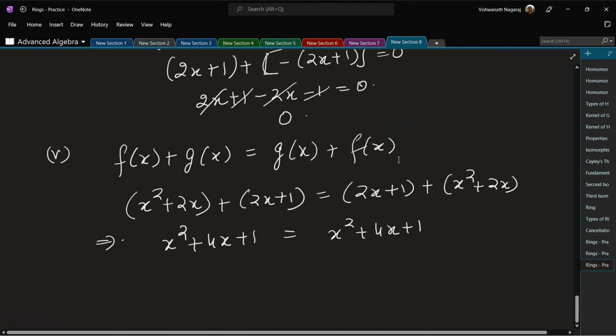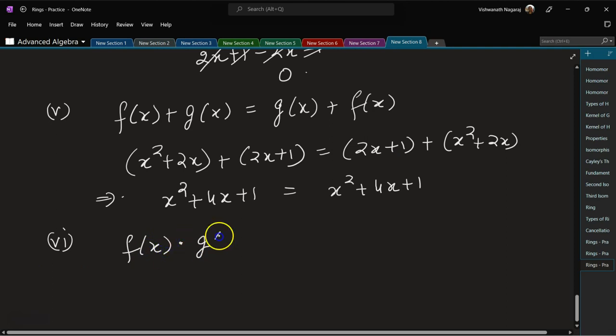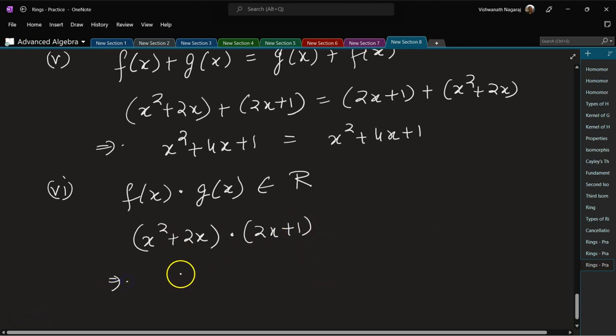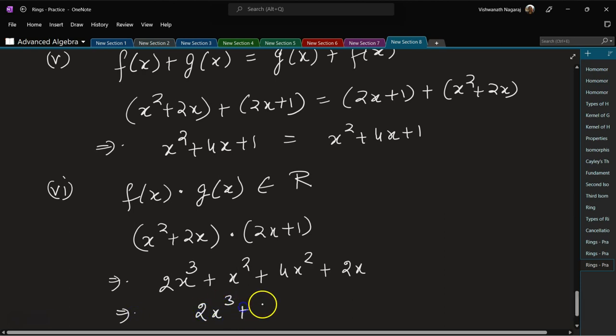Now closed under multiplication, f of x times g of x should also belong to R. Okay, so let's take the example x square plus 2x times 2x plus 1 should also belong to R. So this would be what? 2x cube plus x square plus 4x square plus 2x, which implies 2x cube plus 5x square plus 3x.